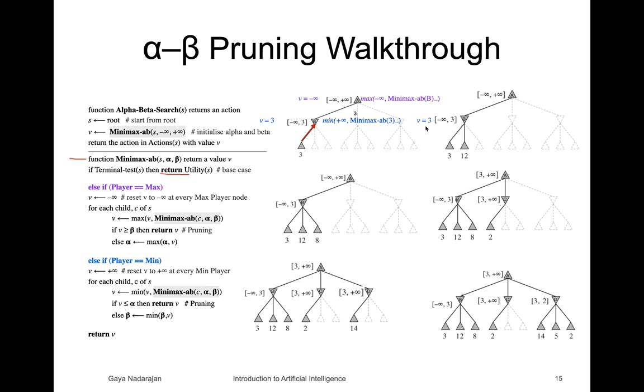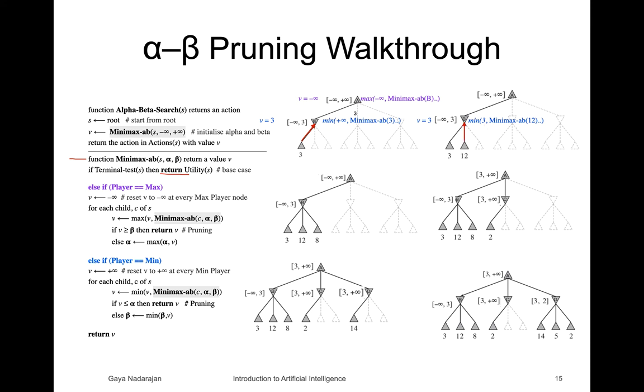So we start off where at this stage V is still 3, because it's been updated just now. And we go down to this child. We call this function. V is now the minimum between V and the minimax of the next child. So V is now 3 and minimax of this node called 12.